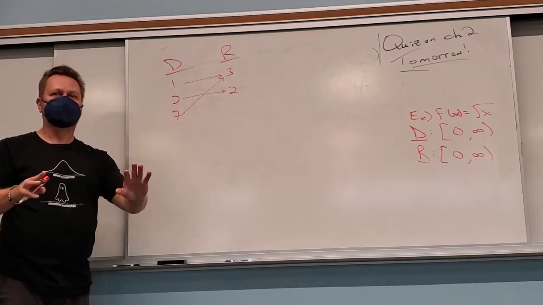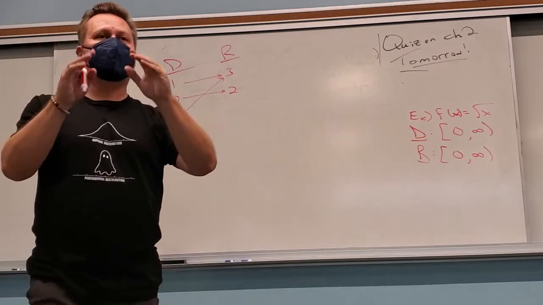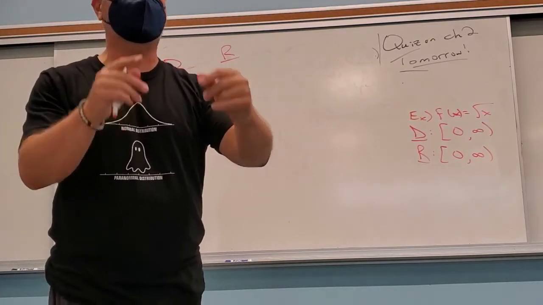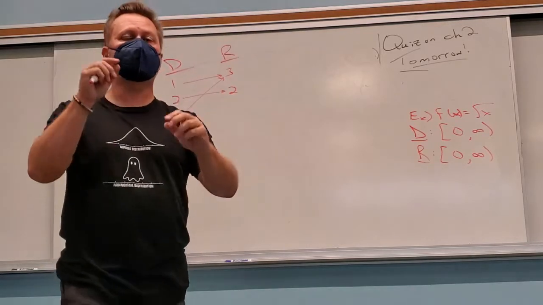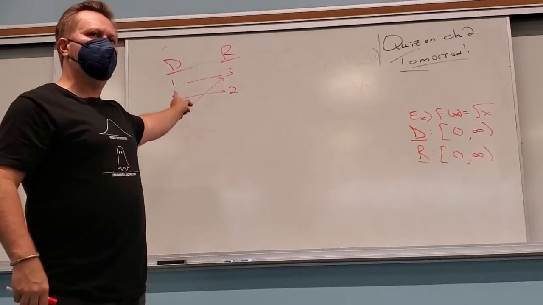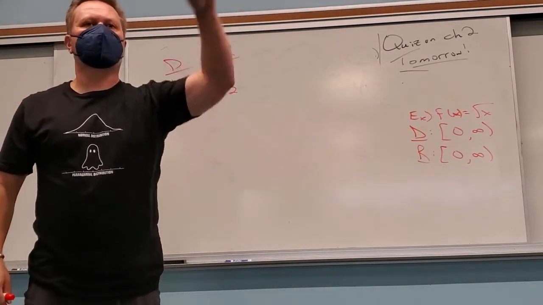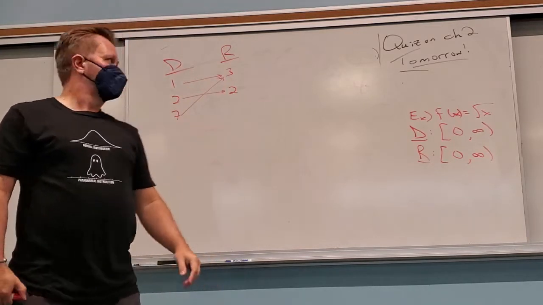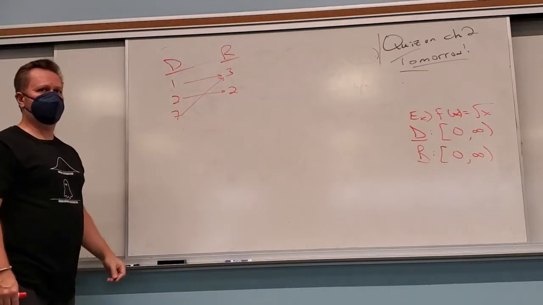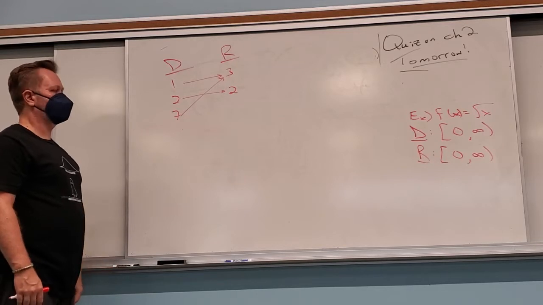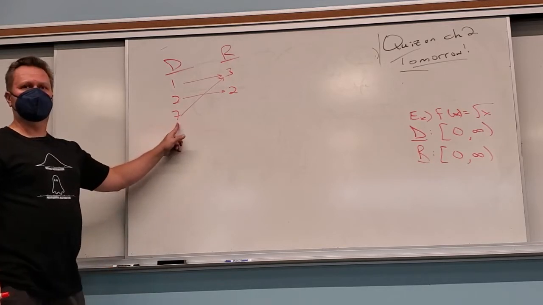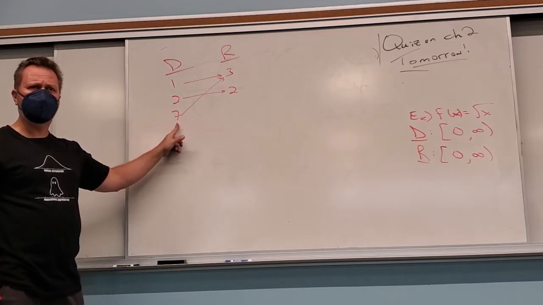No. What does it take to be a function? Every input can only have one output. If you say it's not a function, which input goes to more than one output? 7 and 1. Which input? What does 7 go to? 3. Does it go to more than one thing? Nope.